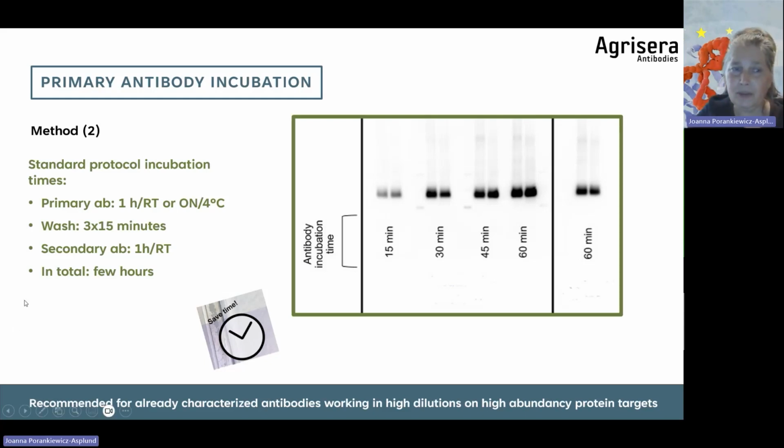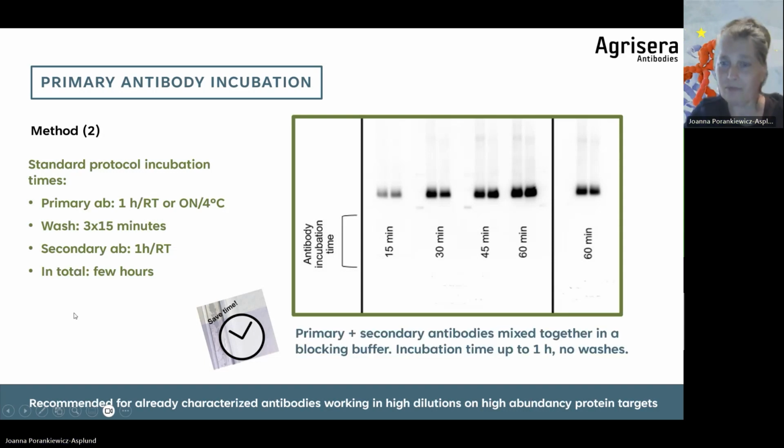So this way you can shorten your Western blot protocol considerably. You simply mix a blocker, primary, and secondary in one incubation. And then we have a third method. And of course, in this approach, we have no washes. We just develop the reaction after the incubation.